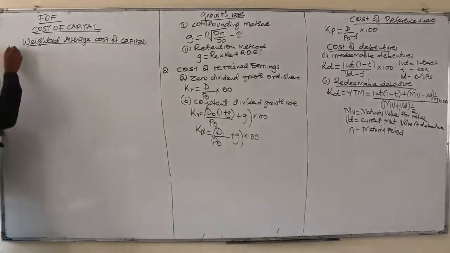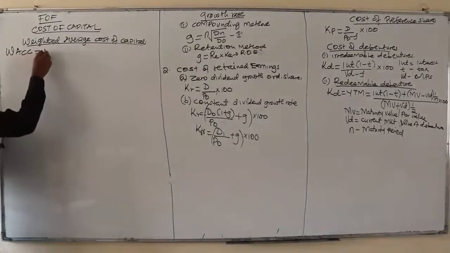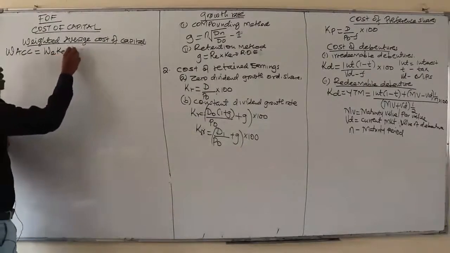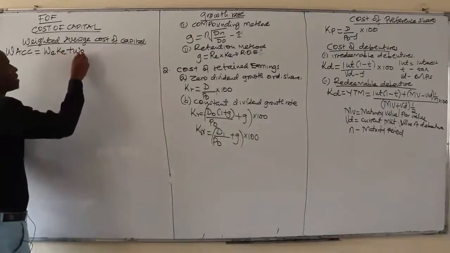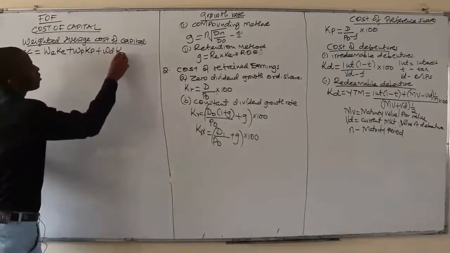To get the WACC, it is always given by the weight of equity times cost of equity, plus weight of preference shares times cost of preference shares, plus weight of debenture times cost of debenture.